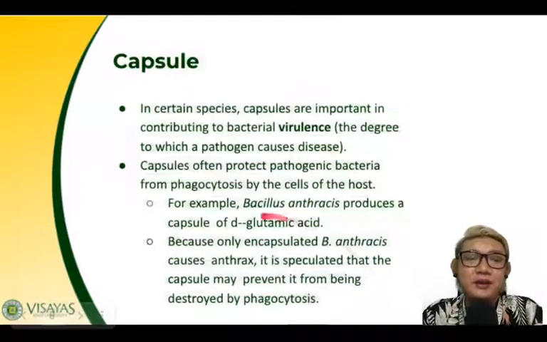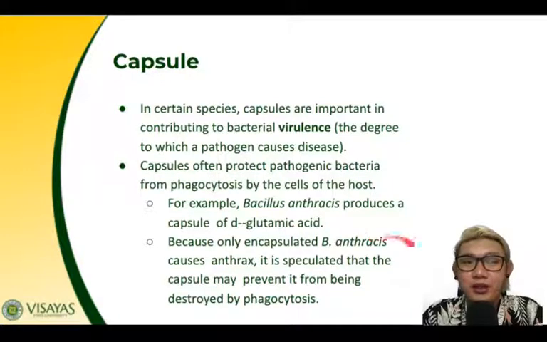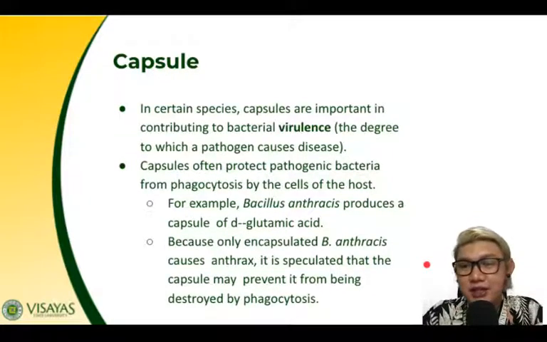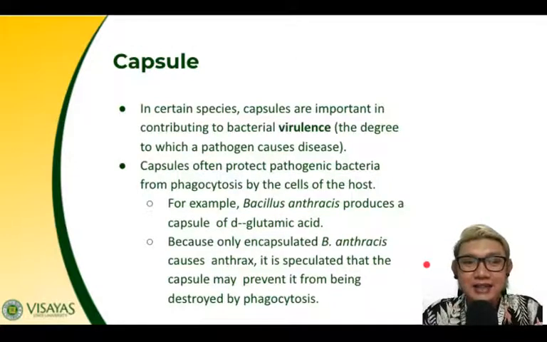So capsules in certain species are important in contributing to bacterial virulence. Again, when we say virulence, we are referring to the degree to which a pathogen causes disease. So capsules often protect pathogenic bacteria.